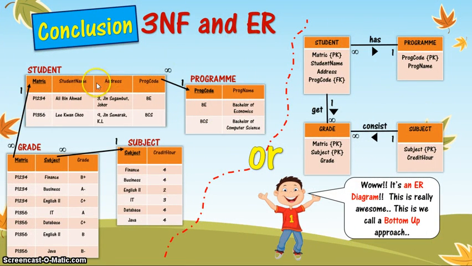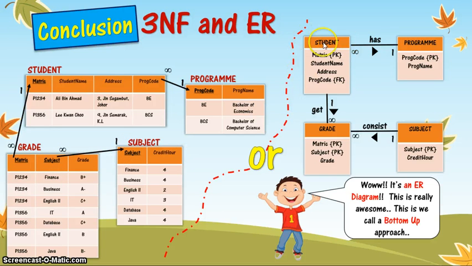Conclusion: 3NF and ER, how they relate together. Let's say you look at the student table, it relates with program based on the foreign key prop code. The grade table relates with the student table because of the primary key matric here. The grade table to the subject table relates because of the subject key here, and also the subject key on the subject table and the grade table.